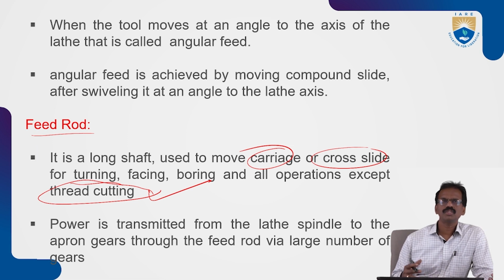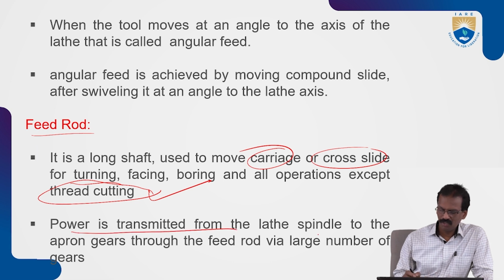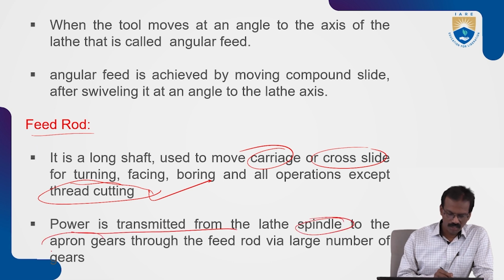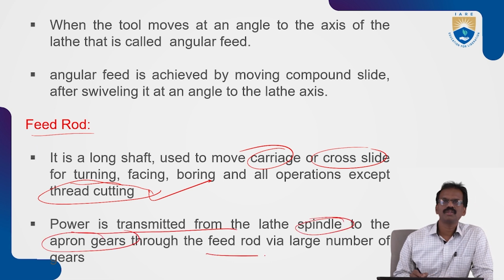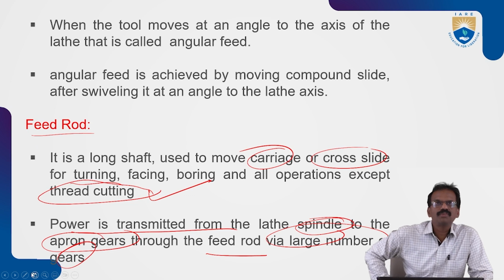Okay, so the lead screw provides the automatic movement of the carriage with respect to the rotating speed of the spindle or workpiece. Okay, so power is transmitted from the lathe spindle to the apron gears through this feed rod, which is very important, via a large number of gearing systems. So that is the main advantage of the feed rod.